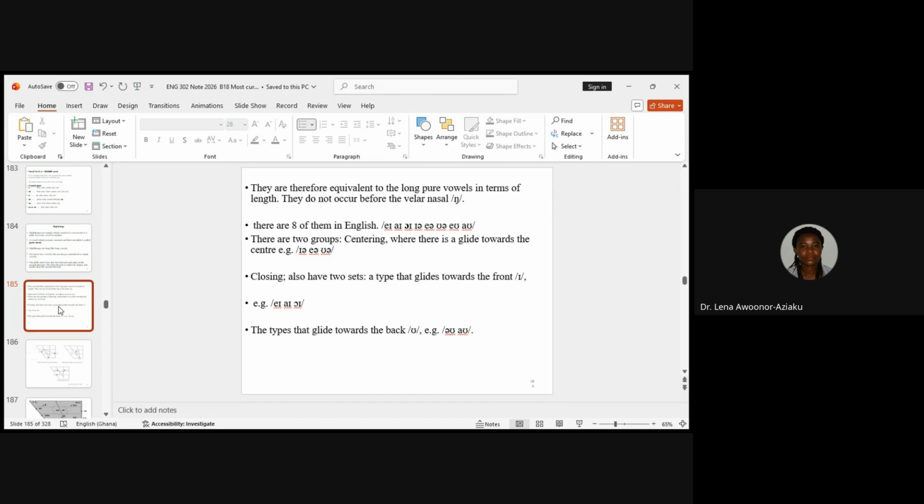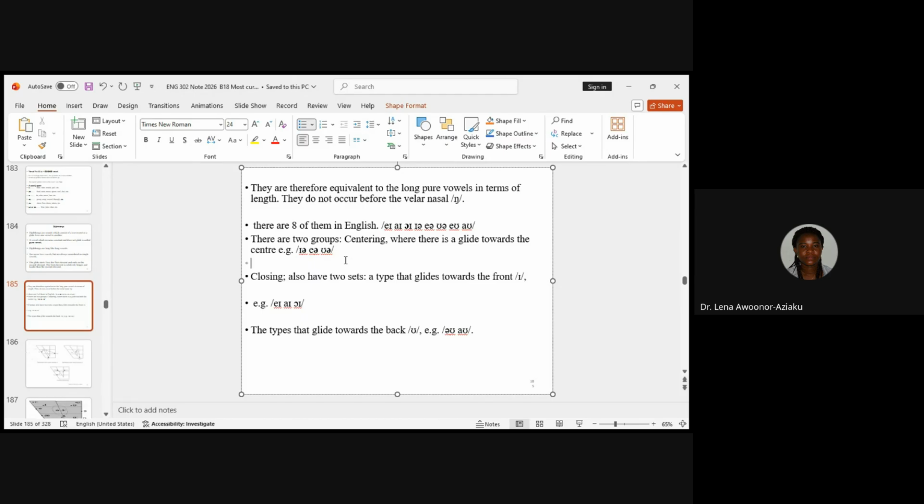In the centering ones, the glide is towards the center. If you see these three vowels, each of them ends on a schwa, which is a central vowel. I'll show you the diagram.